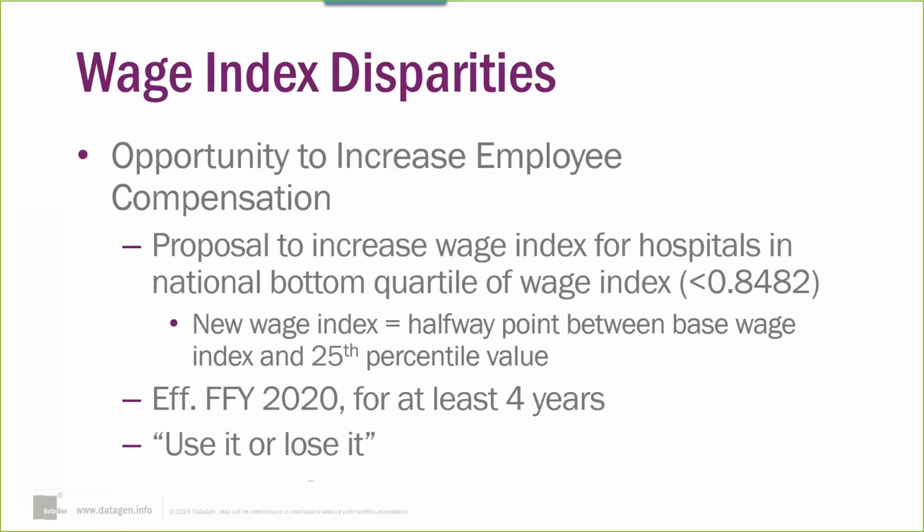This proposal will be effective for fiscal year 2020 and in effect for at least 4 years in order to allow for any increased wages to make it into the cost report in order to maintain this higher wage index value. Note that this is a use it or lose it proposal in really no uncertain terms as far as how CMS proposed it.